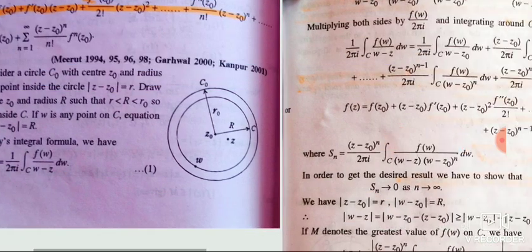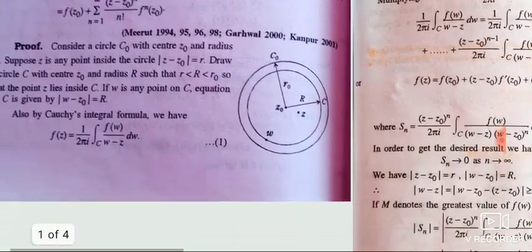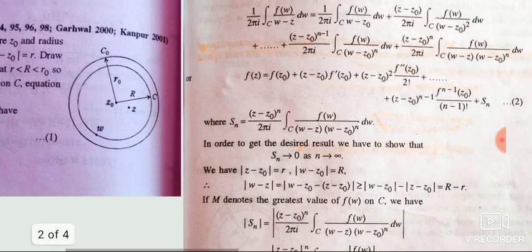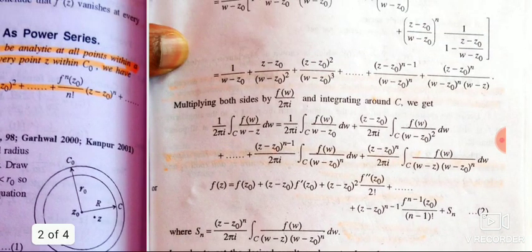That is the idea. So what is remaining? I had 1 by w minus z till now. Now I have to multiply other terms. That's what I do here. Multiply both the sides by f of w divided by 2 pi i, and integrate around the circle C, which is the circle inside.